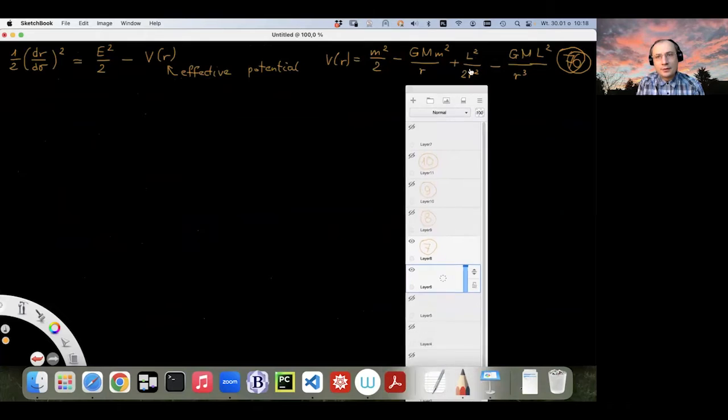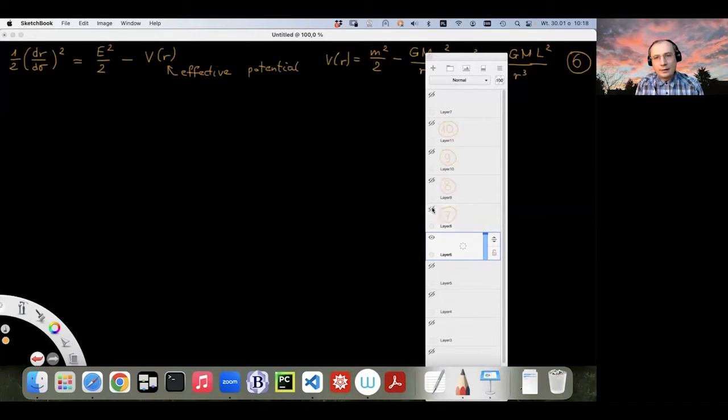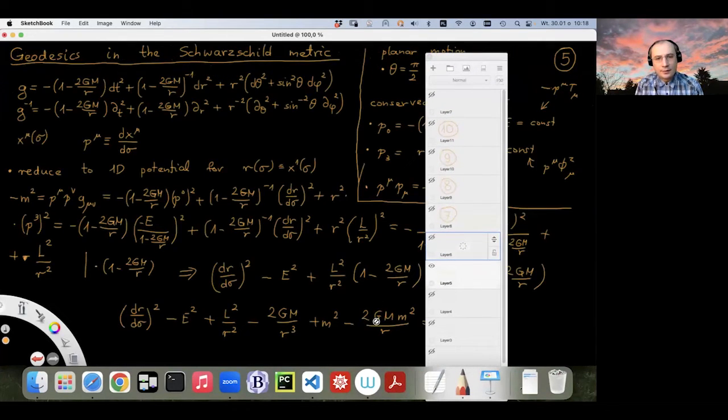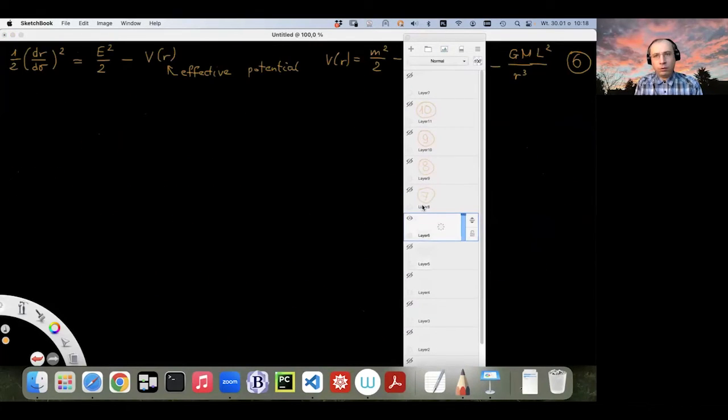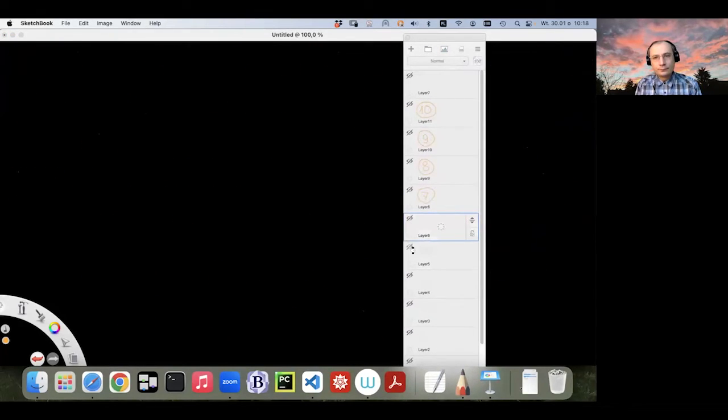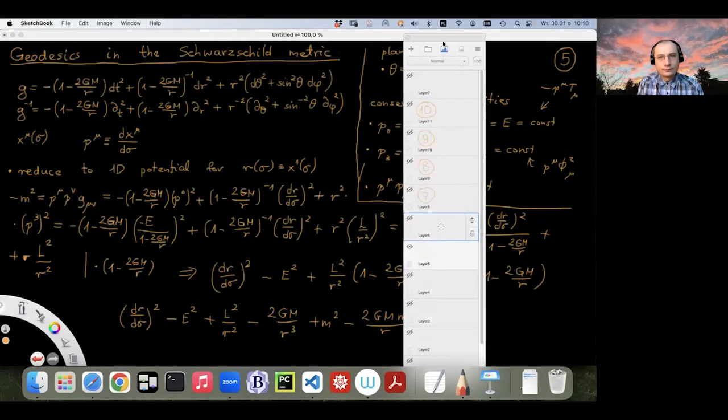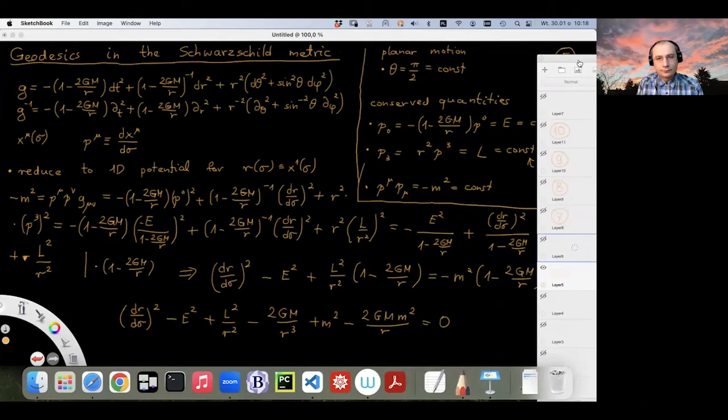And the last term will be minus GM L squared over r to the power of 3. This term has no L squared when I have written it.